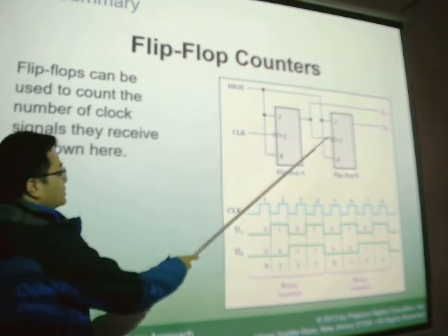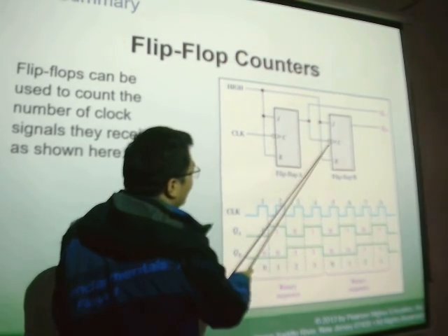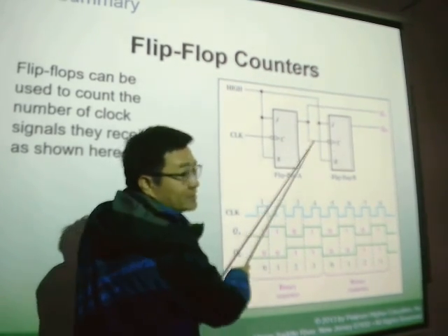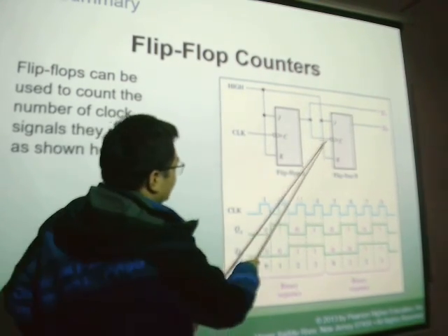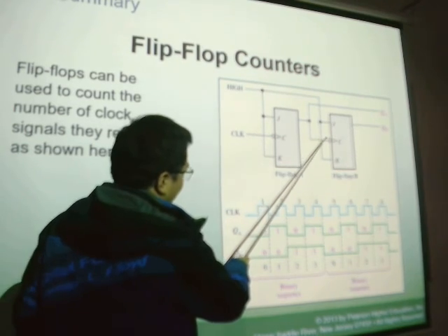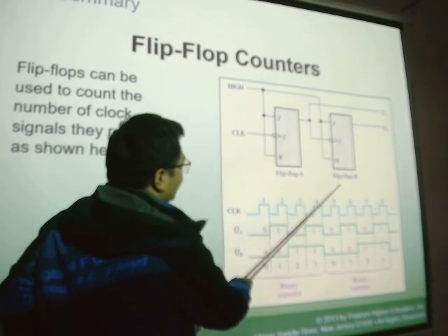And for QB, the clock is QA. QA is used as a clock for the second flip-flop.